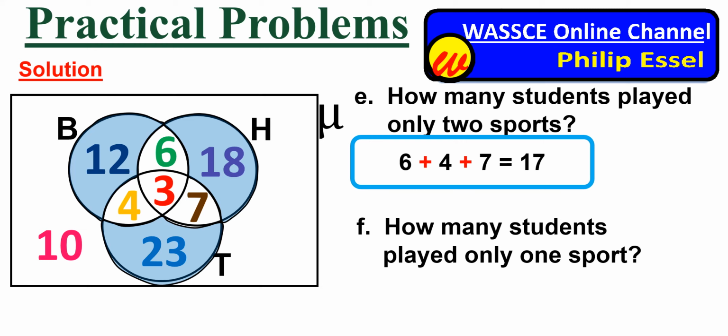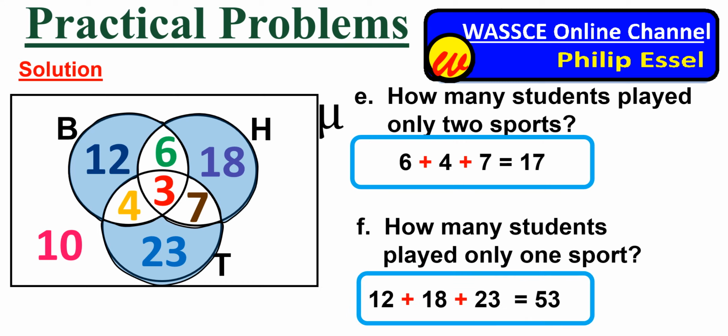So we would add these 3 regions together. So we have 12 plus 18 plus 23, and that will give us 53. So 53 students played only 1 sport.